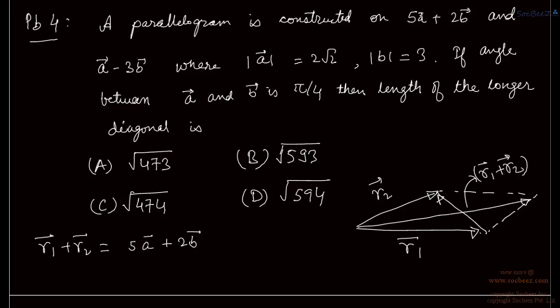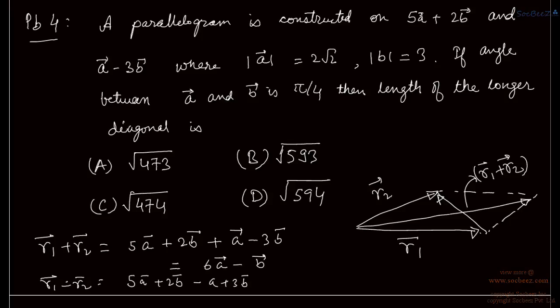So r1 plus r2 is 5a plus 2b plus a minus 3b, which is equal to 6a minus b, and r1 minus r2 is 5a plus 2b minus a plus 3b, which is equal to 4a plus 5b. So we have to find the length of r1 plus r2 as well as r1 minus r2 and check which diagonal is longer, because it is asking the length of the longer diagonal.